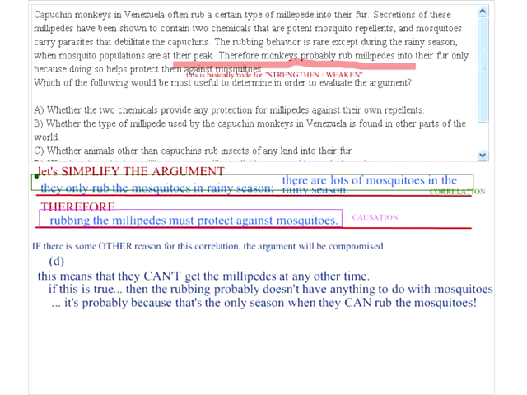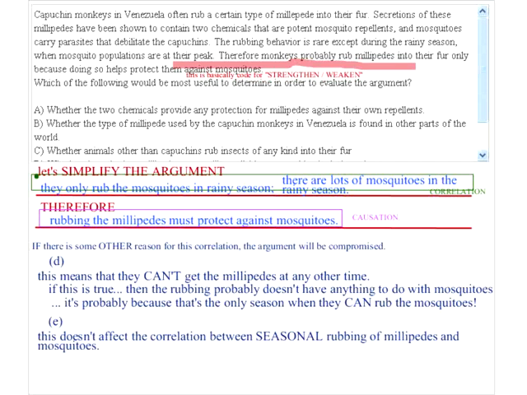Let's look at choice E in the same regard. Whether secretions of any other insect contain chemicals that repel the mosquitoes. Well, let's see what this does. This doesn't affect the correlation that we're looking at. And it's not relevant to what we're talking about.